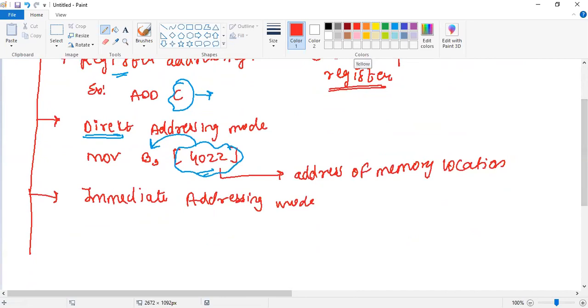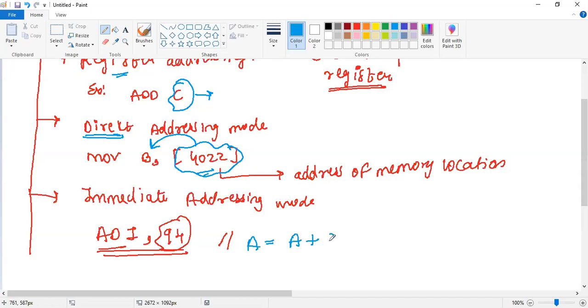For example, ADI 94. Let it be 94. What does it mean? We are directly giving data to the instruction. This is the instruction, and this is the data we are directly giving to it. This means A = A + 94.